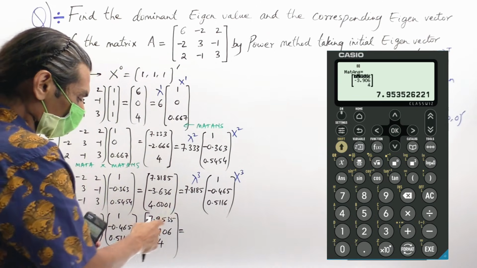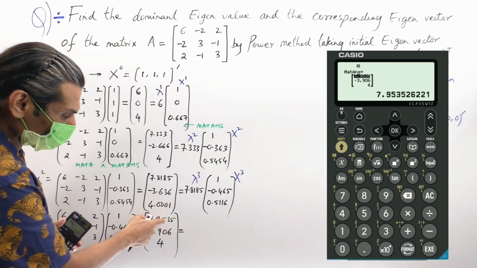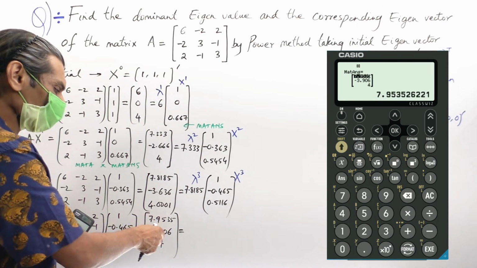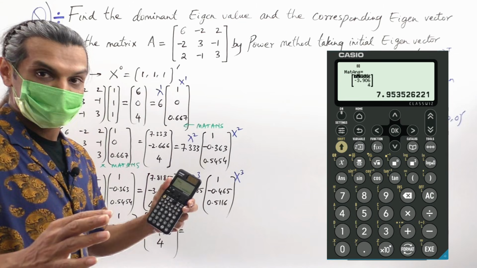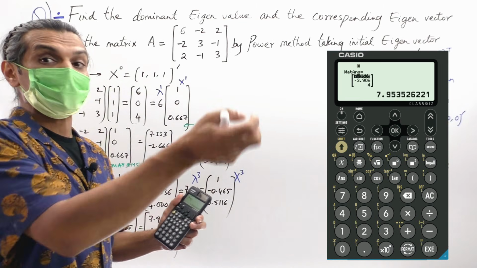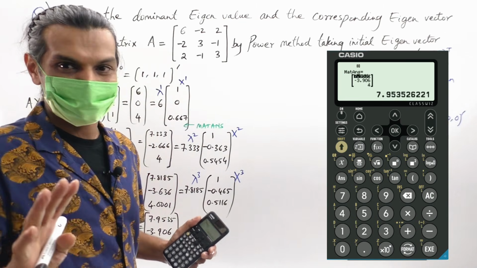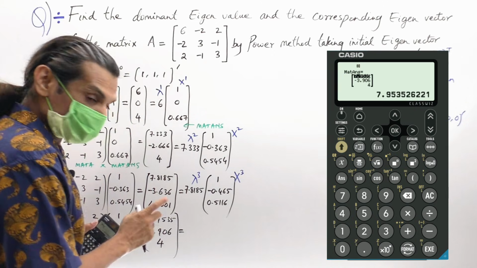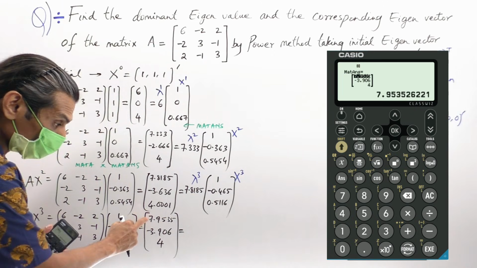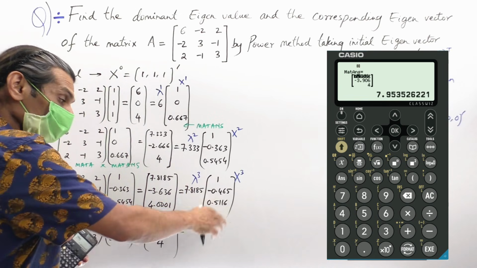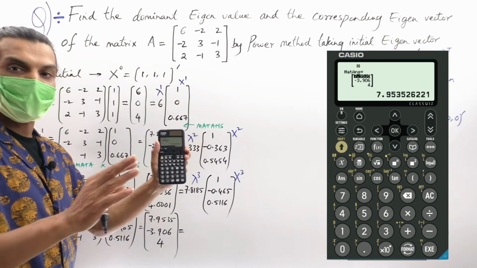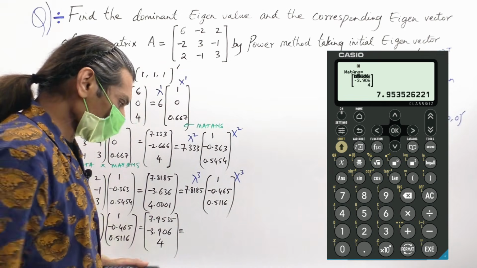Because if it was minus 7.9535 and this was only plus 3.906, then you will say that 3.906 is higher. No, for the eigenvalue, take the highest number outside, not its sign. Getting it now? And again, if this was minus 7.9535, take 7.9535 outside and keep the minus sign inside. That's it. So we will see it in the further problems. Okay, so please stay updated.